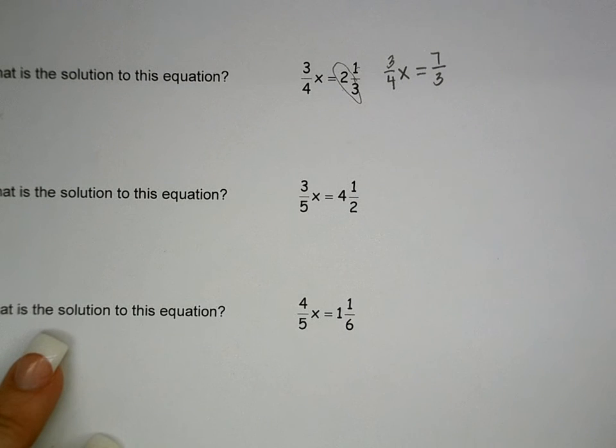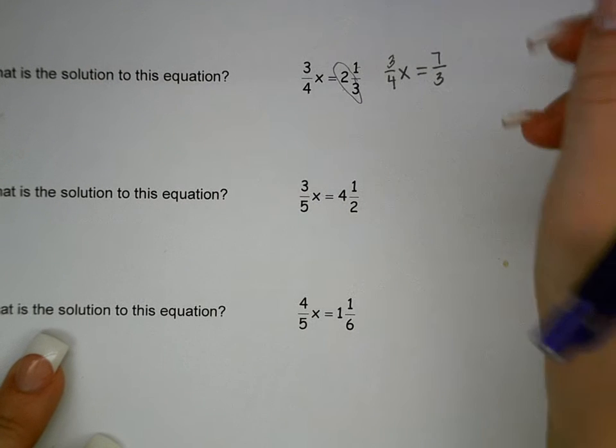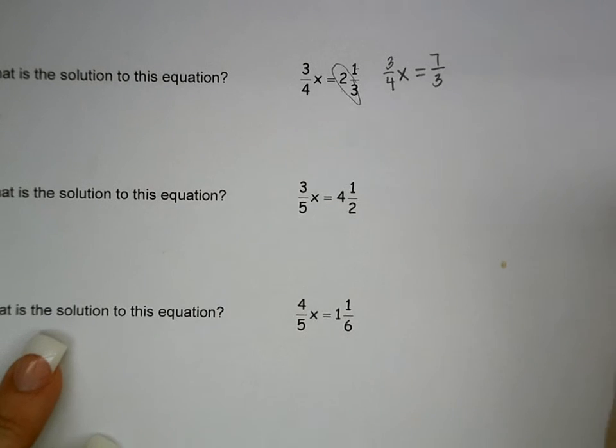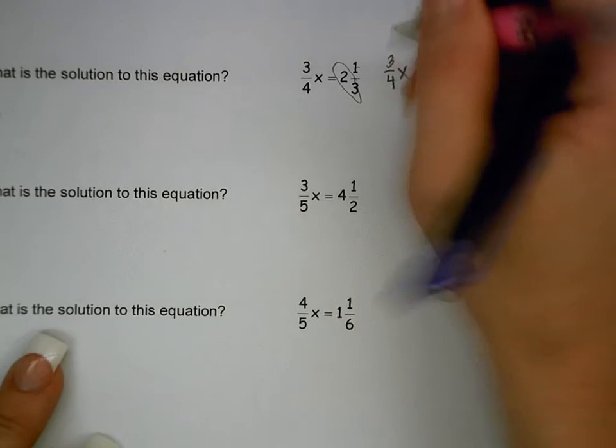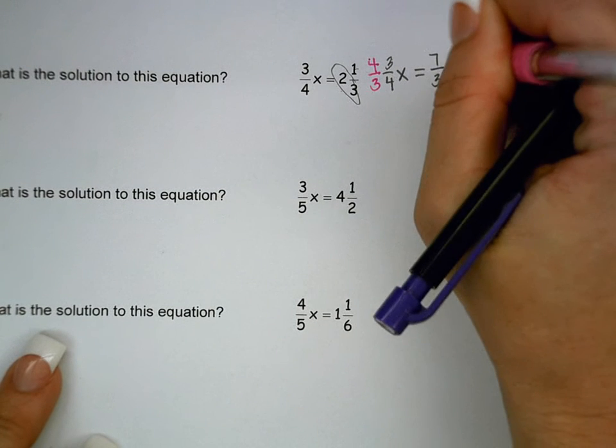Use the multiplicative inverse. And what is the multiplicative inverse here? 4/3, which is basically the reciprocal. So multiply by the multiplicative inverse. Flip this, and multiply on both sides.